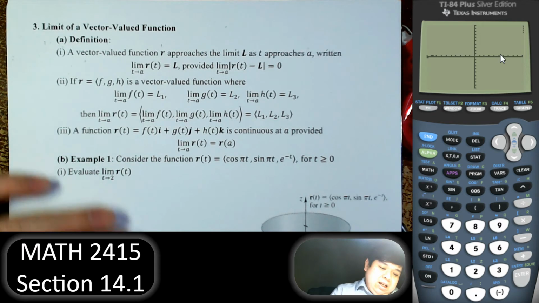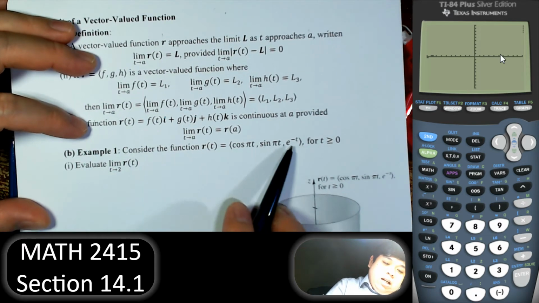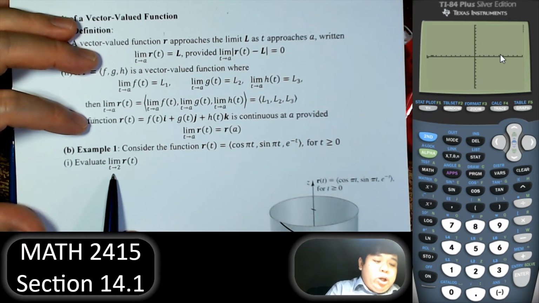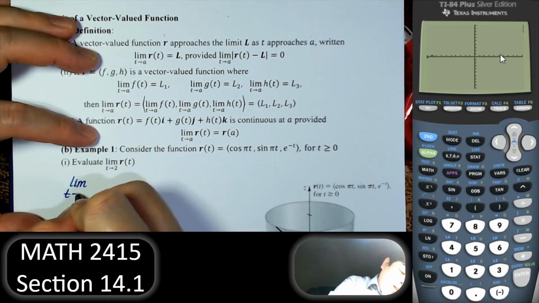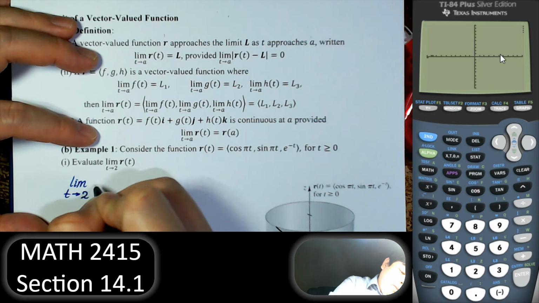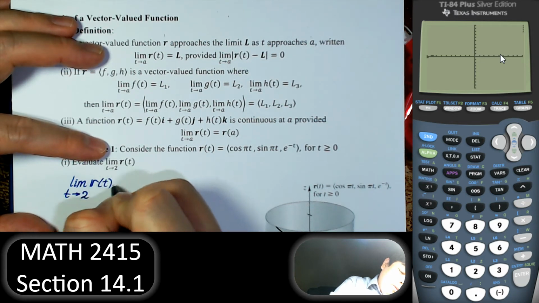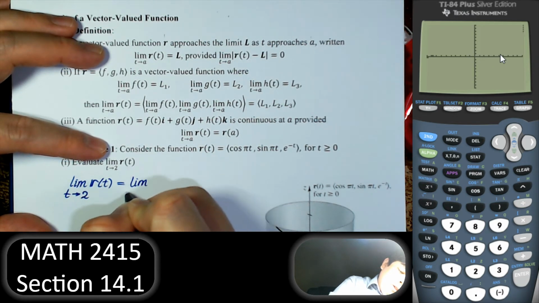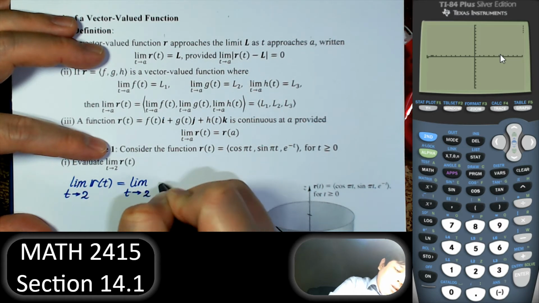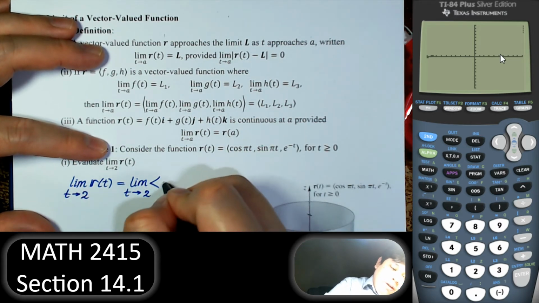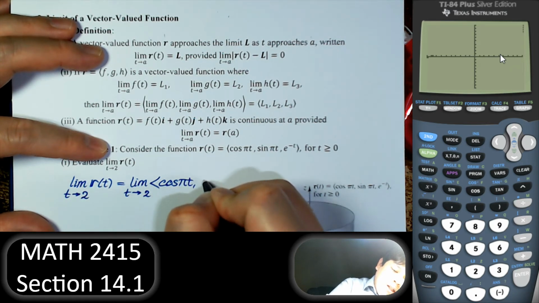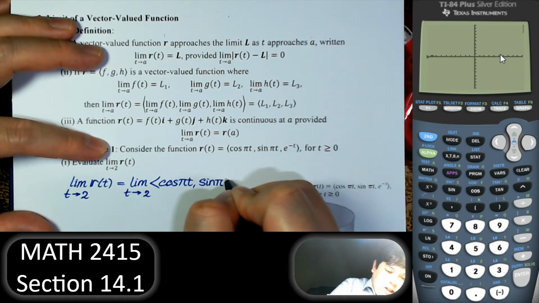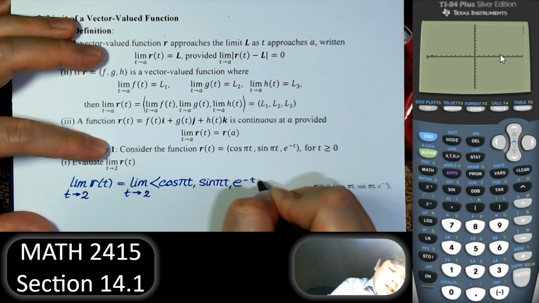All right. Evaluate the limit of this function as t approaches 2. Simple enough. So the limit as t goes to 2 of the vector valued function cosine of pi t, sine of pi t, e to the negative t.